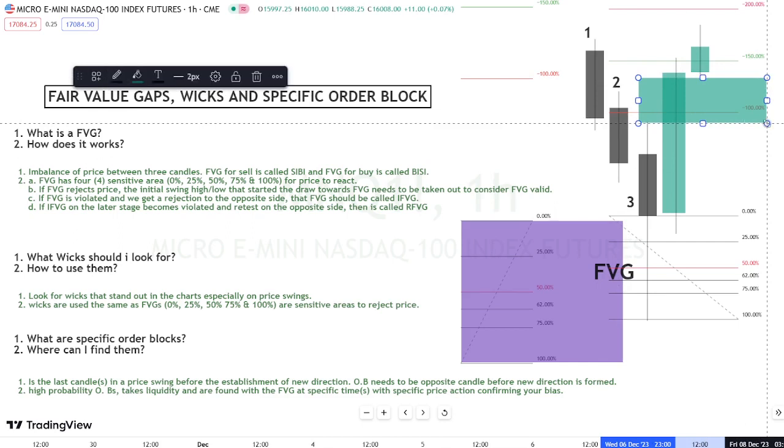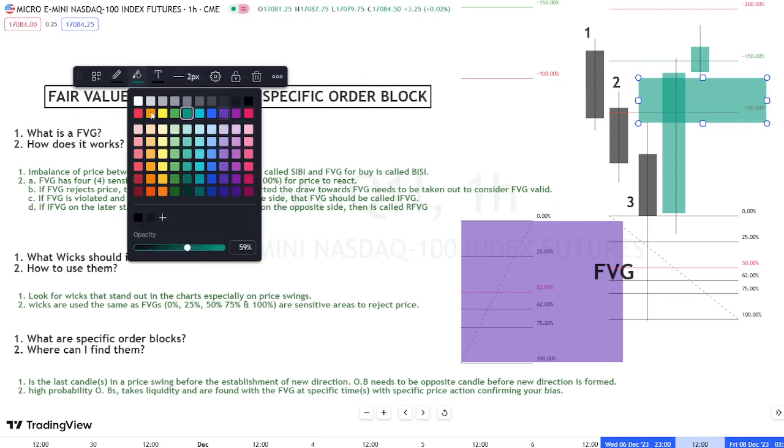Then you have a fair value gap, of which we are not going to argue. We explained what a fair value gap is.